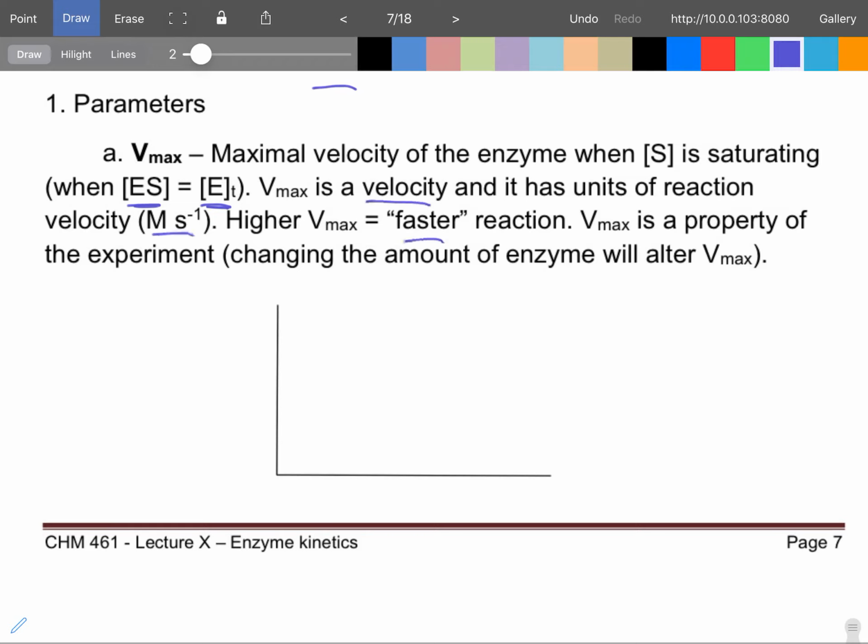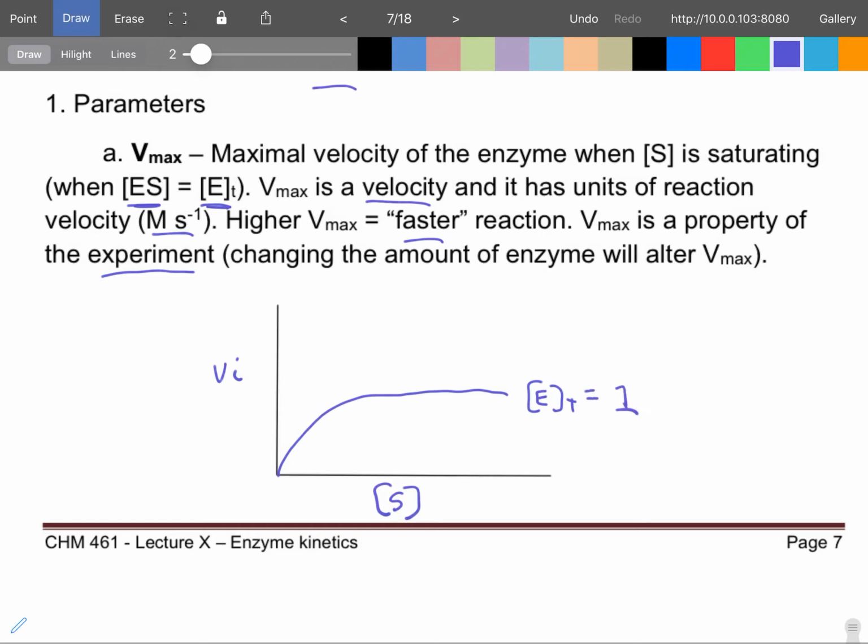Well, a major thing I want to point out is that Vmax is a property of the experiment. What I mean by that is if you change the amount of enzyme, you alter Vmax. It's not an inherent property of the enzyme. So for example, if I have initial velocity as a function of substrate concentration, and let's say I have one that looks like this, and we're going to say that the total enzyme concentration for that plot equals 1, whatever that 1 happens to be.